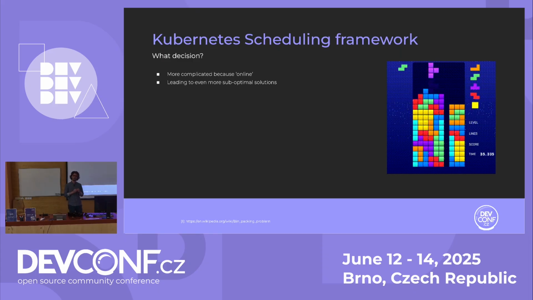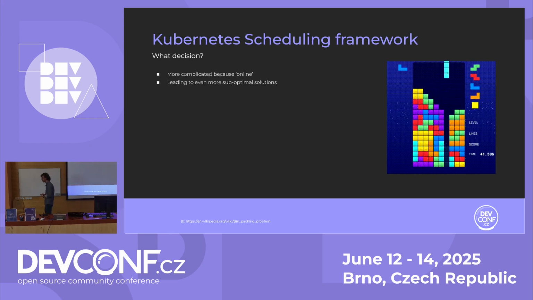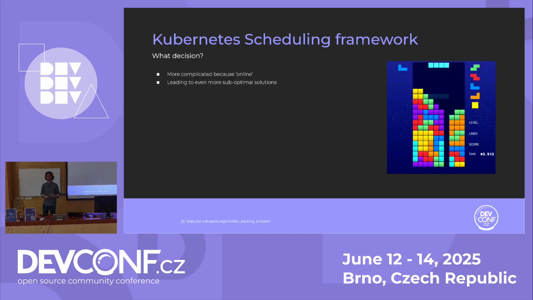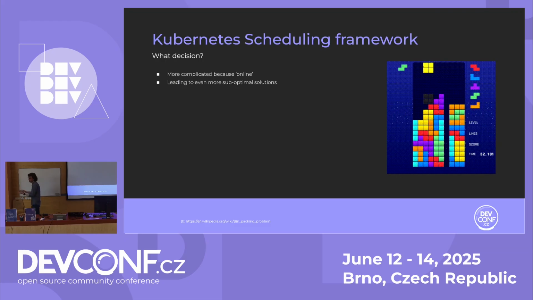You run heuristics that return a suboptimal solution. And when it comes to a queue-based scheduling approach, this is even worse. The solution is essentially even more suboptimal.